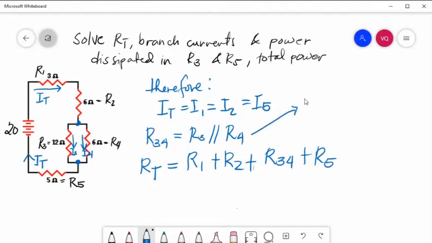So, R34 is equal to 12 multiplied by 6 divided by 12 plus 6. So, R34 is equal to 4 ohms.